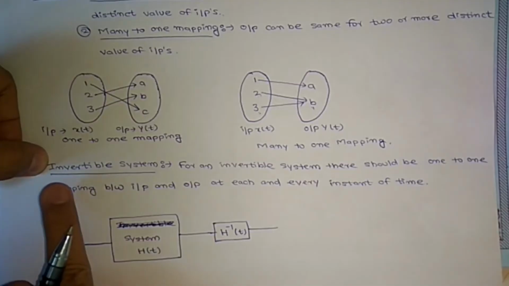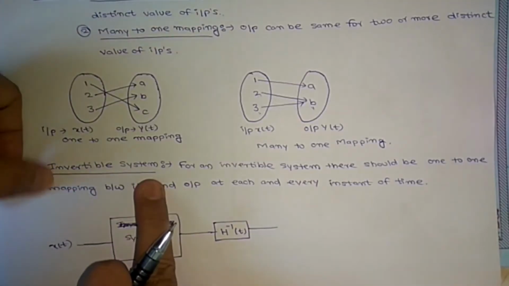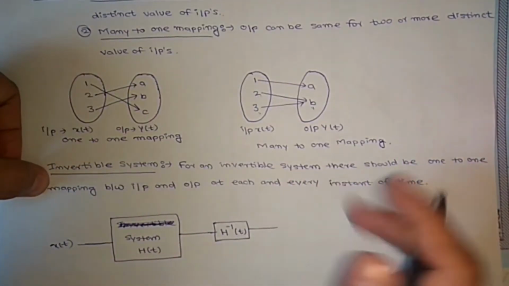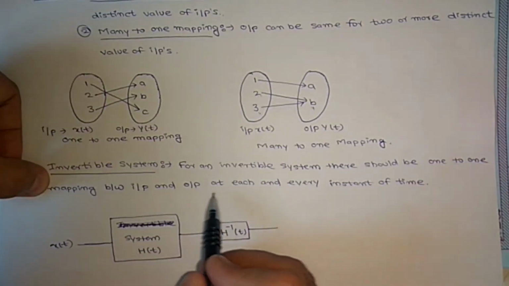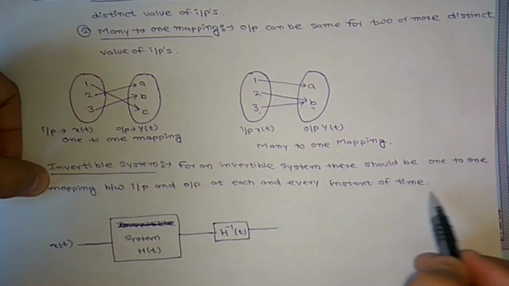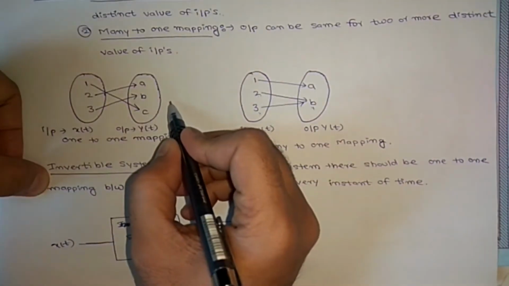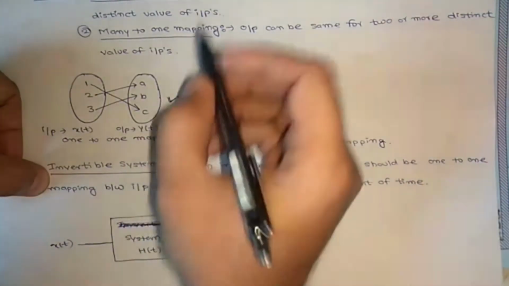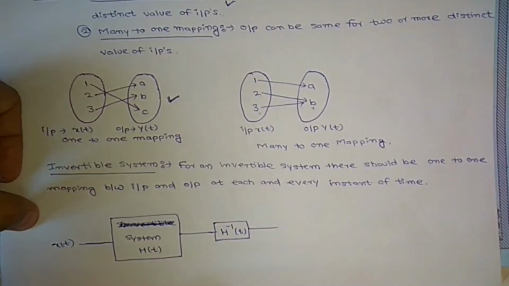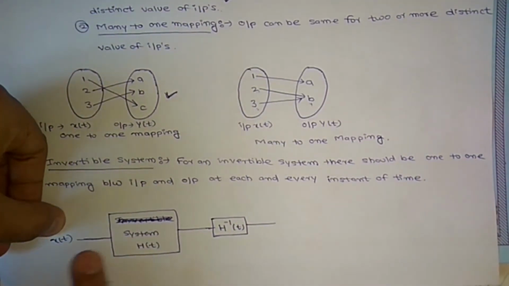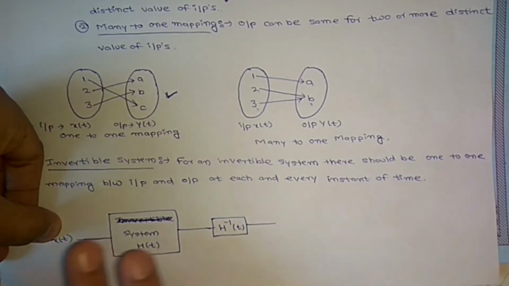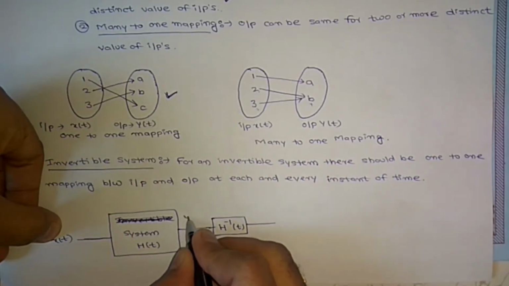Now let's go to the definition of an invertible system. For an invertible system, there should be one-to-one mapping between input and output at each and every instant of time. So practically, suppose I give input x of t to some system h of t, and I get output y of t.